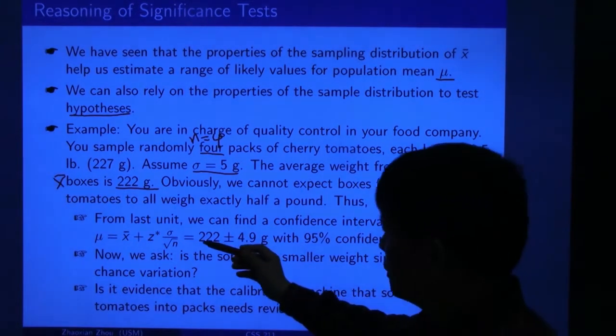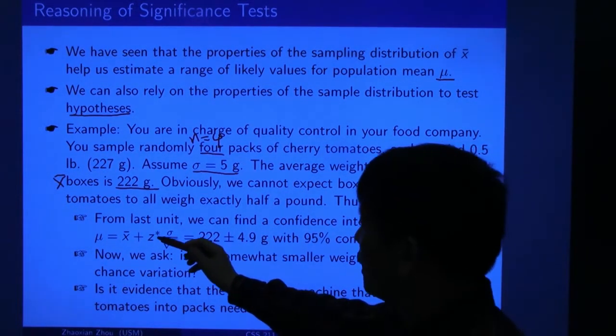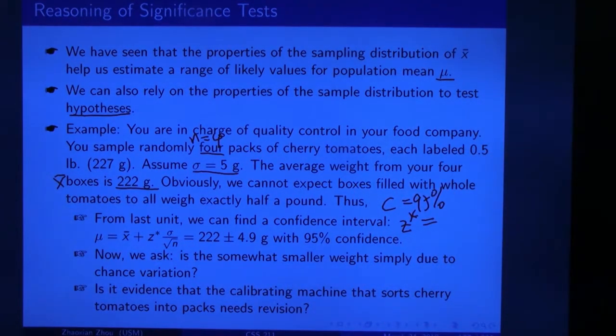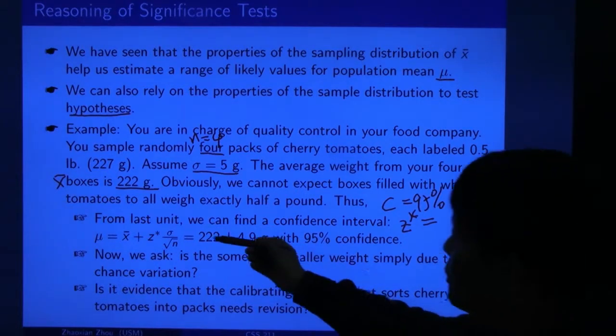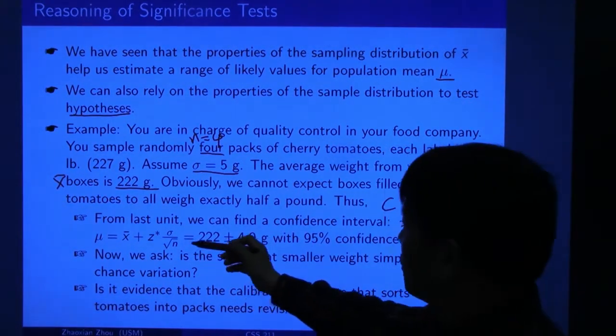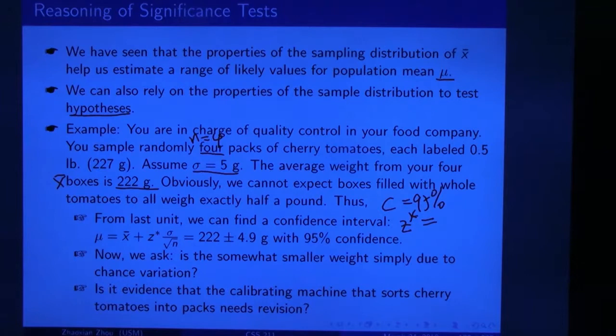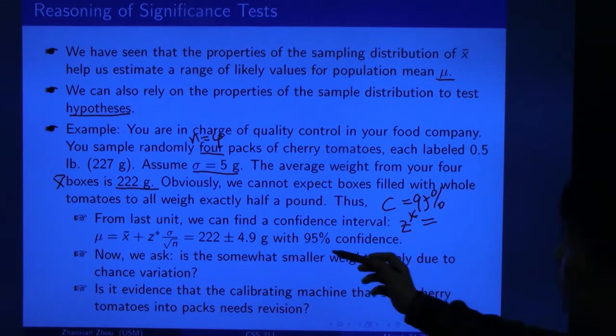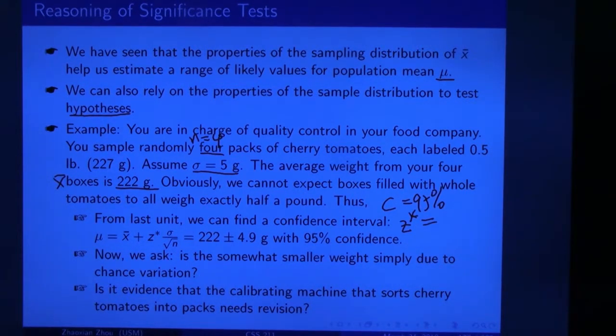Here X bar equals 222, and Z star equals 1.96 if you look up table D. Sigma equals 5 and n equals 4. So plugging in the numbers, we get 222 plus or minus 4.9 grams with 95% confidence. So that is what we did in the last unit.